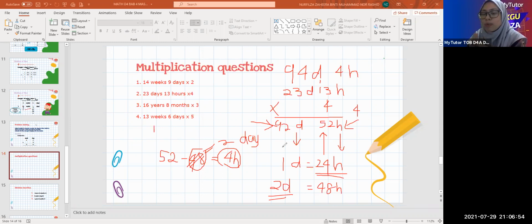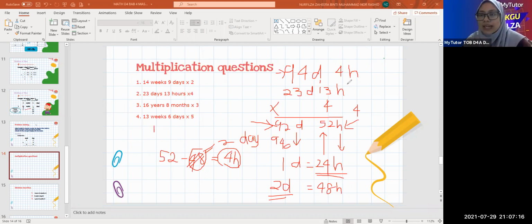So now 92 plus dengan 2 hari equal to 94. Hours that you have here, 4 hours dekat sini. So your answer should be 94 days. The answer is 94 days and 4 hours.